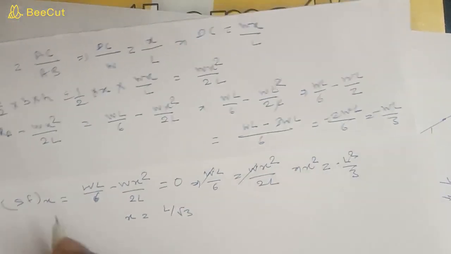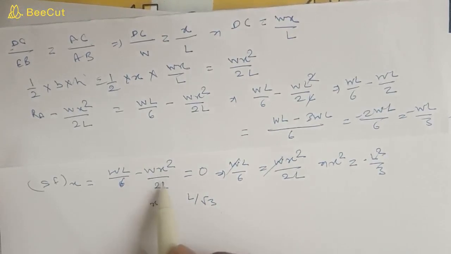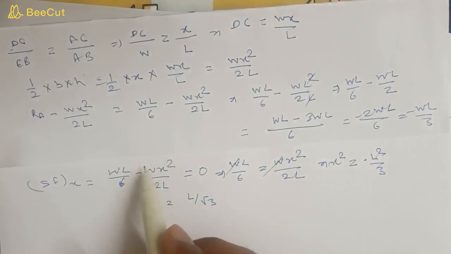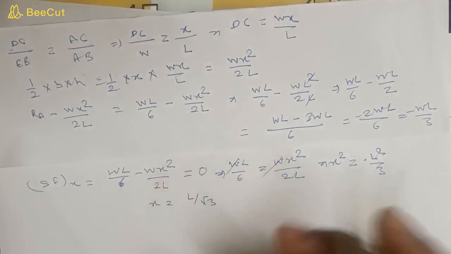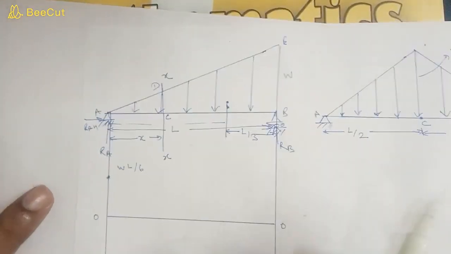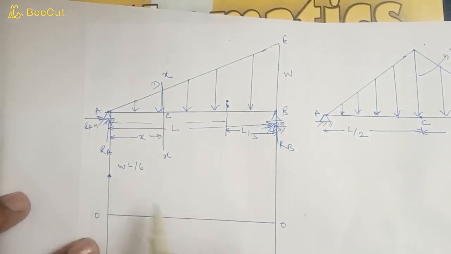And you can see that shear force at X distance is WL by 6 minus WX square by 2L. So it is of type Y is equal to minus X square. So it is a parabolic equation. So it will be convex type because it is minus X square. So we can draw here WL by 6. So L by root 3 will be somewhere here.